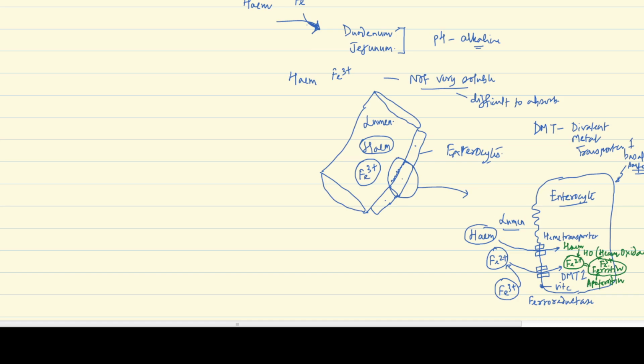Then what happens? There is a transporter at the basal layer of the enterocyte, and it has got two parts. The first part is called hephaestin, and hephaestin is combined with the transporter which we call ferroportin.